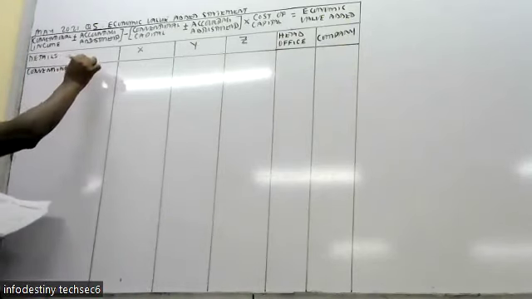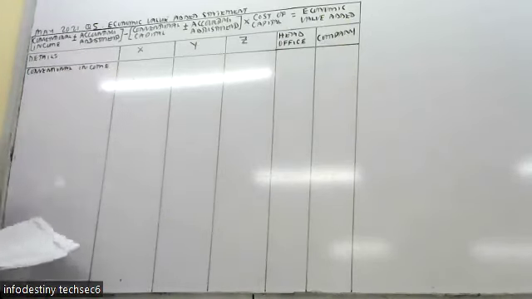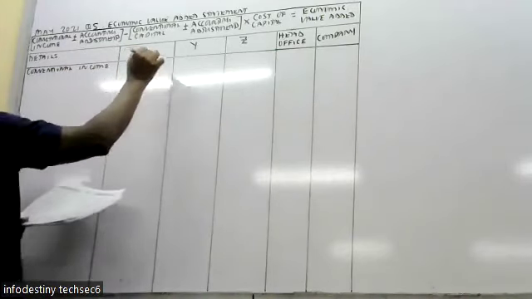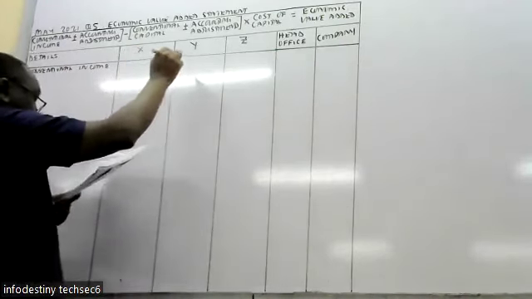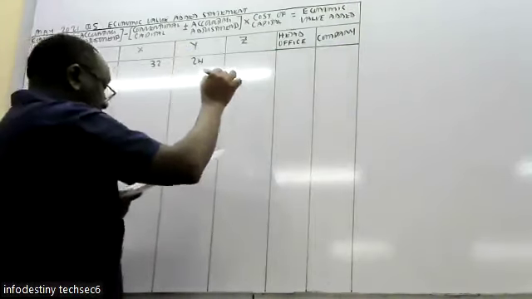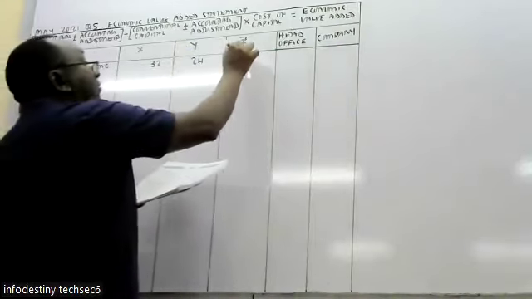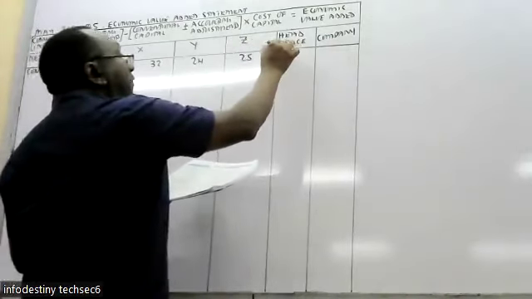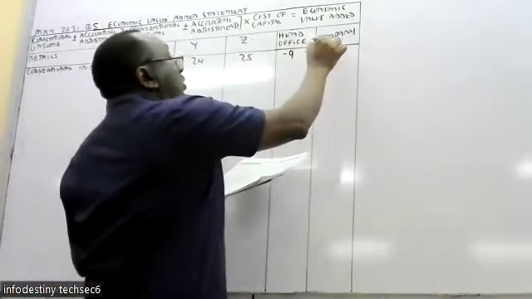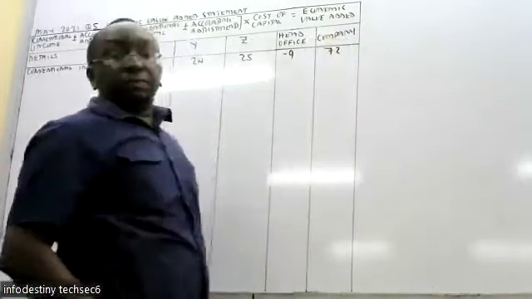In division X, it is 2. In division Y, it is 24. In Z, it is 25. Head office is -9. And the total is 72.